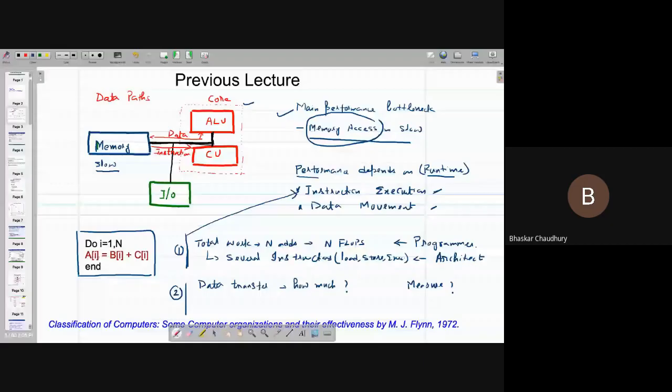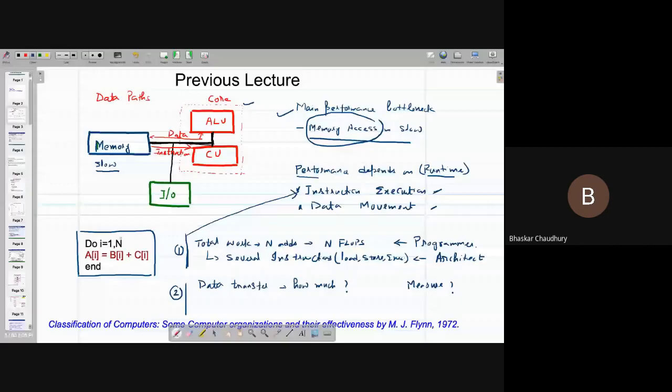Now, if you simply look into this code, let's say you are executing this code on a computer. What we are doing is just adding two vectors B and C and putting the result in A, and this is put inside a loop which runs from 1 to n. Now, a programmer will look into this code in this fashion.